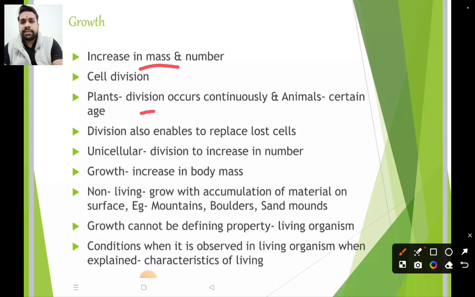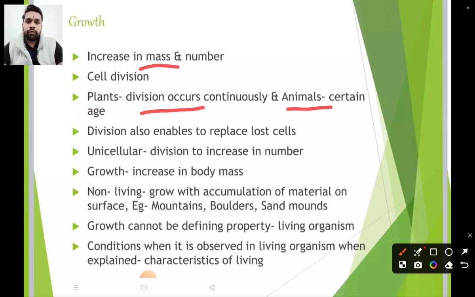So here I can say that animals show determinate growth and plants show indeterminate growth. Determinate growth means a growth which has a limit, or which occurs for a period of time. Indeterminate growth, which is shown by plants, has no limitation and does not occur for a period of time.